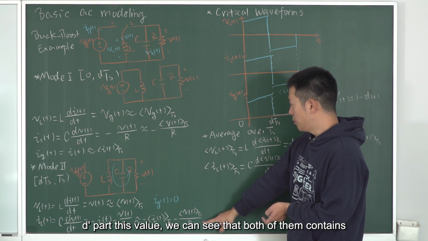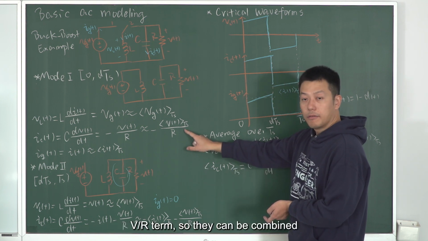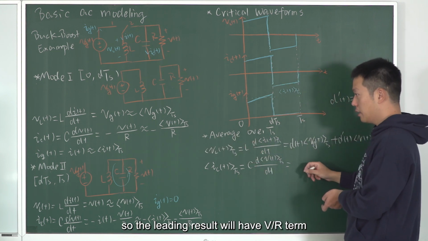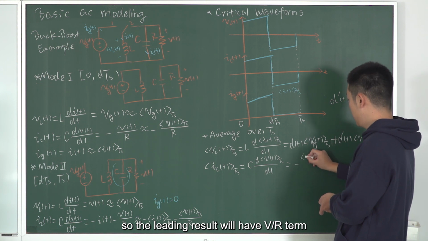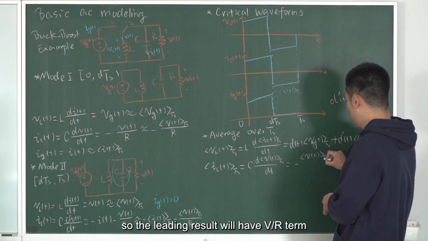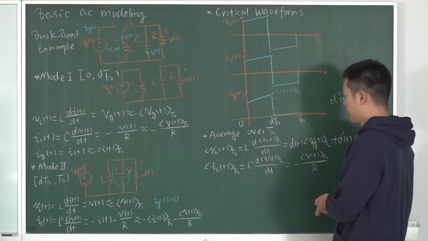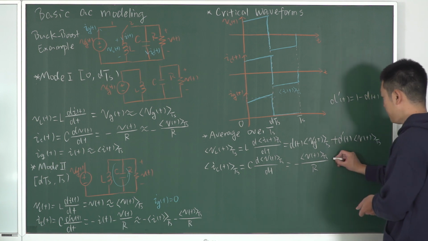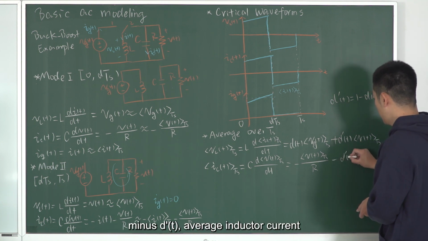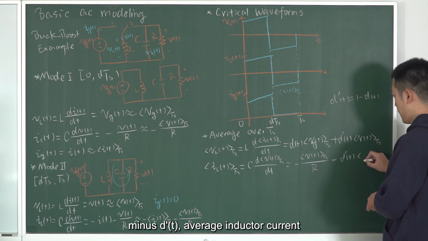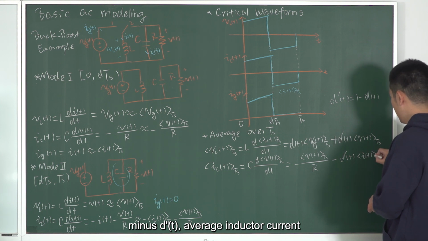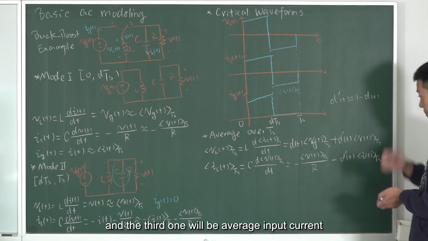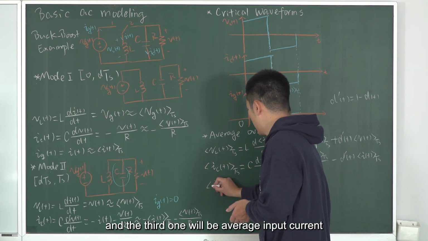We can see that both of them contain the v over R term, so they can be combined. So the resulting expression will have the v over R term. And this one only exists in mode 2, so this will be minus D prime times the average inductor current.